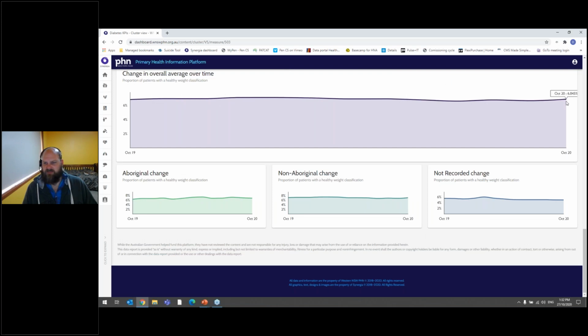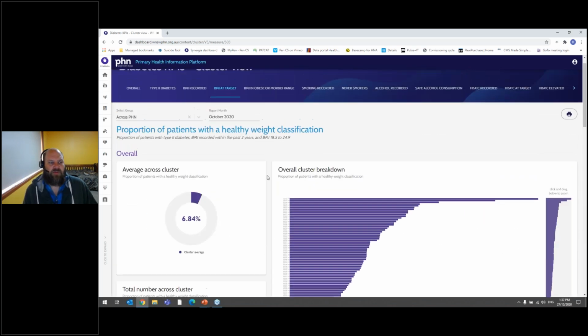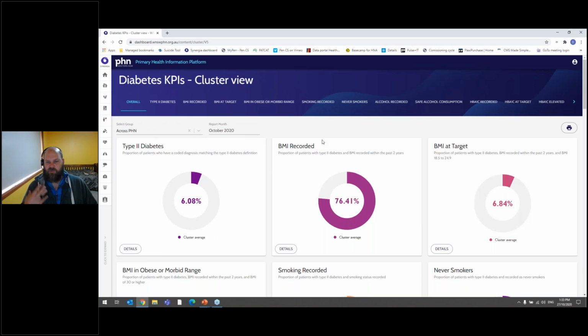We've been fairly stable over the period with the proportion of patients that meet that criteria. But when I was saying earlier about that epidemiological population health approach, we're really trying to take a very positive approach and link this back to the health needs assessment, which the Primary Healthcare Network undertakes every few years in partnership with the local health districts.